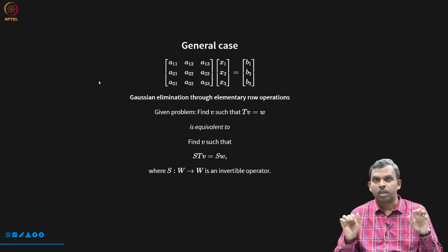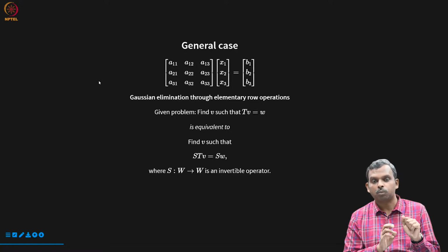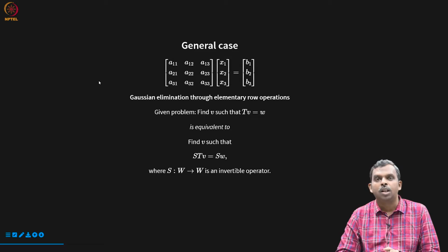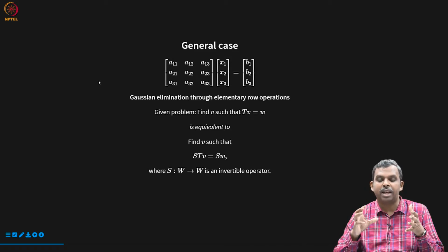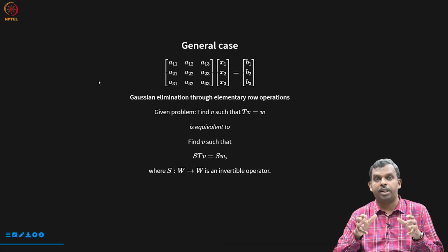Okay. So then S times T, you can design your invertible operator S so that S times T looks like what you want. Okay. So that's the core essential idea behind these elementary row operations and Gaussian elimination. If the matrix of my linear operator looks a specific way, with lots of zeros, then I can quickly solve it. Okay.